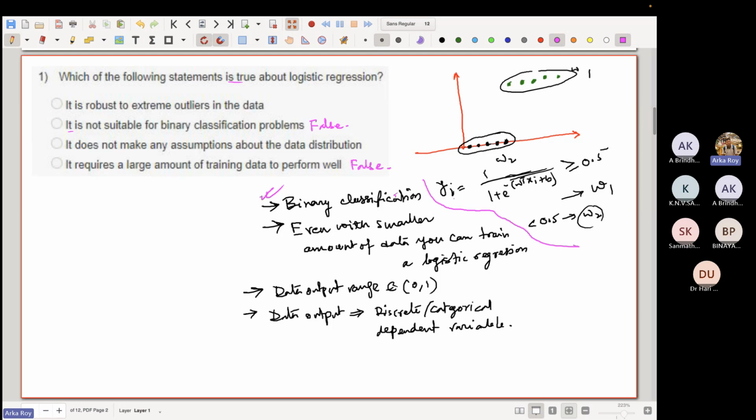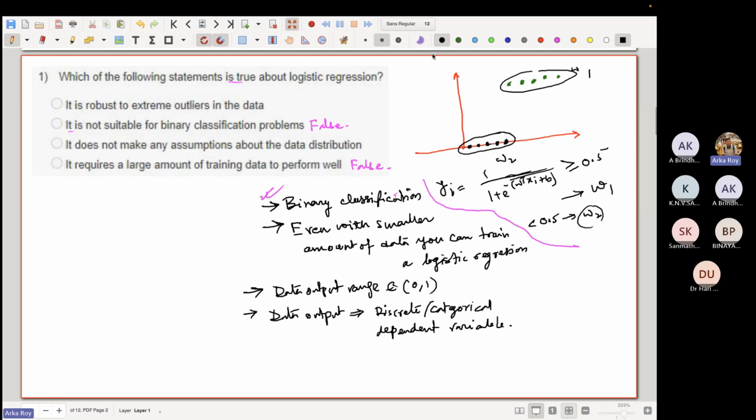You evaluate yi based on the equation of the sigmoid function, and if the value is greater than or equal to 0.5, then you take the decision for class omega 1, else it would be class omega 2. So you do not need a larger amount of data to train a logistic regression.